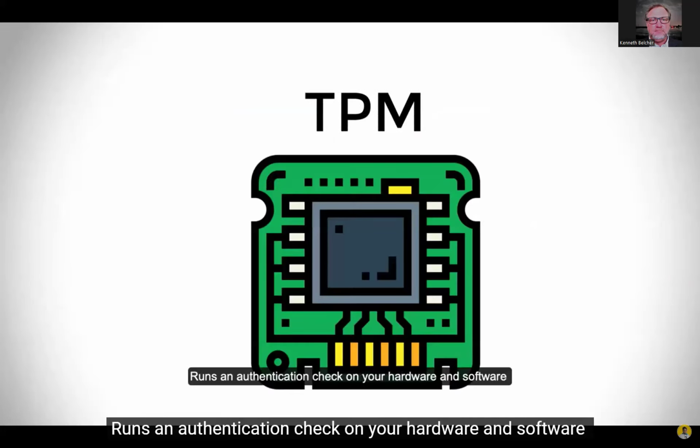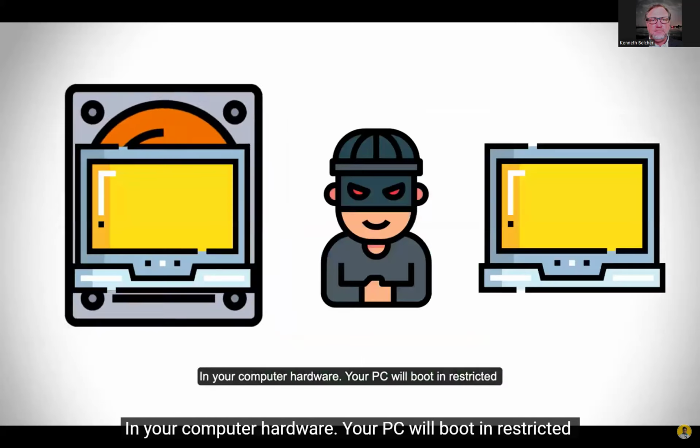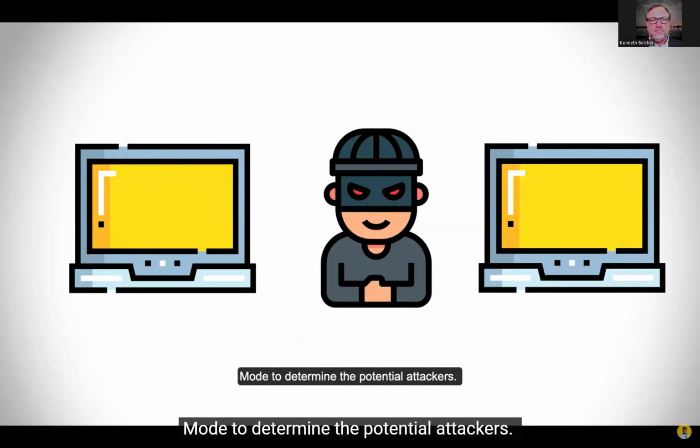TPM is basically a special chip that runs an authentication check on your hardware and software firmware. If the TPM detects an unauthorized change in your computer hardware, your PC will boot in restricted mode to determine the potential attackers.